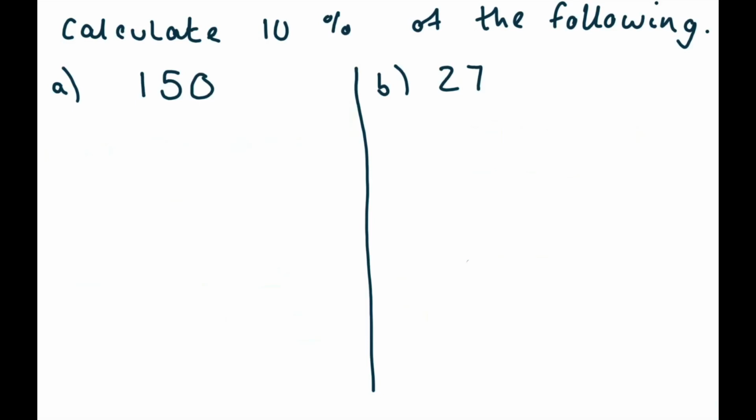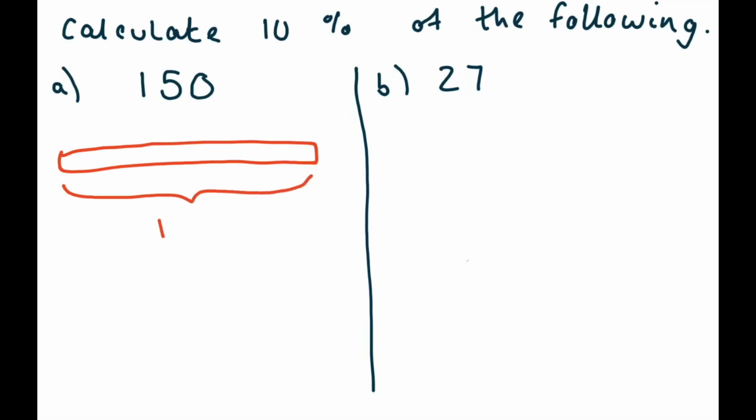So now if you pause this video and have a go at this yourself. Okay, so now I want to find 10% of 150. So again, I'm going to draw my bar, and that's going to be worth 150, and I'm going to split that into 10. So I need to find out what one box is worth.